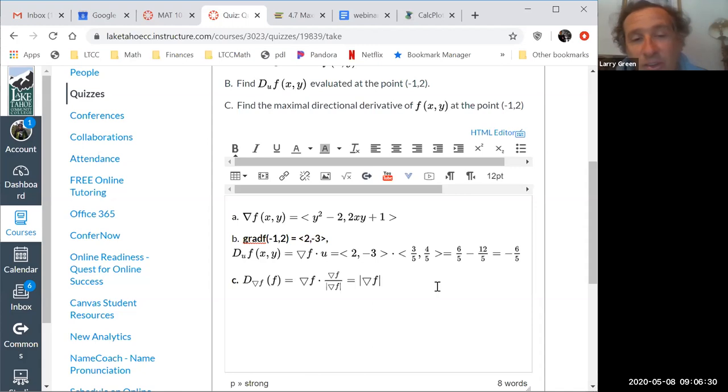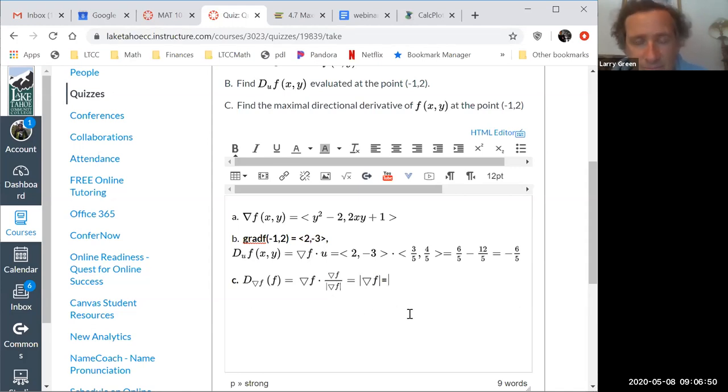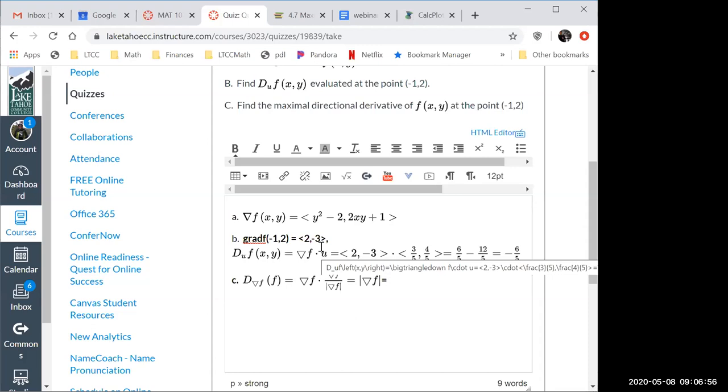But you could just do the directional derivative, but you do have to compute the magnitude of the gradient of f. And that is equal to, well, our gradient of f at this point was (2, -3). What's the magnitude of the vector (2, -3)? Square root of 13.